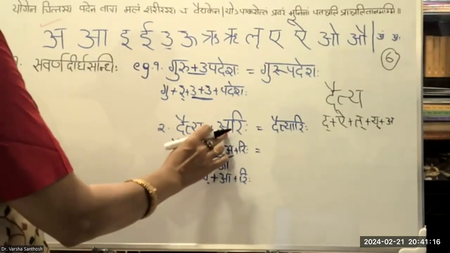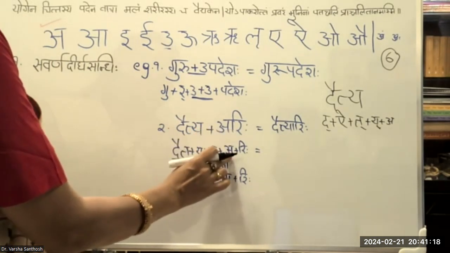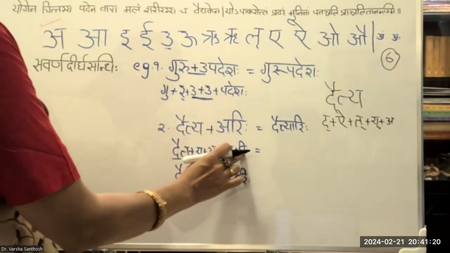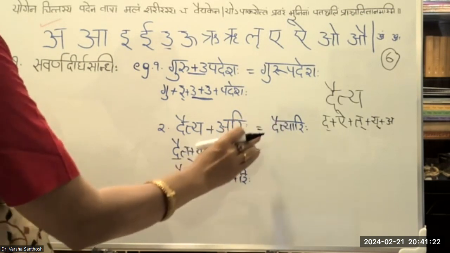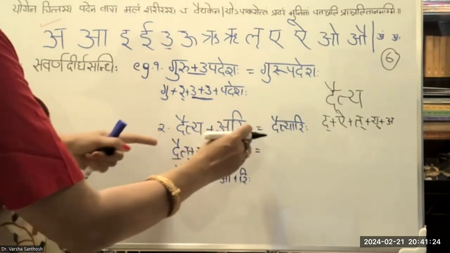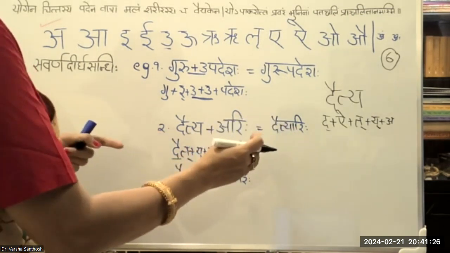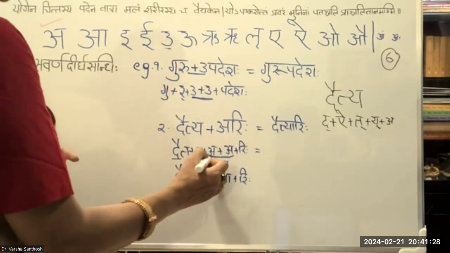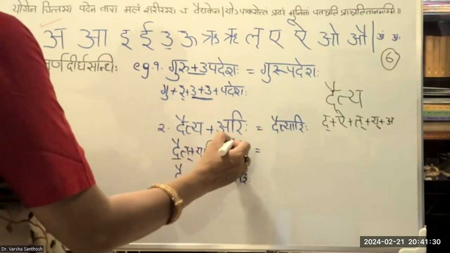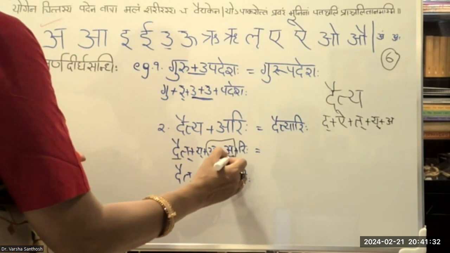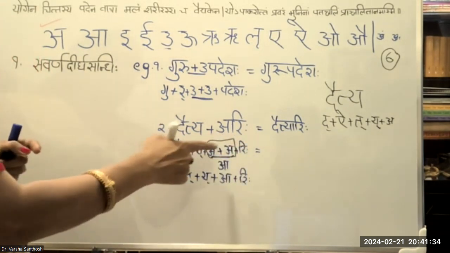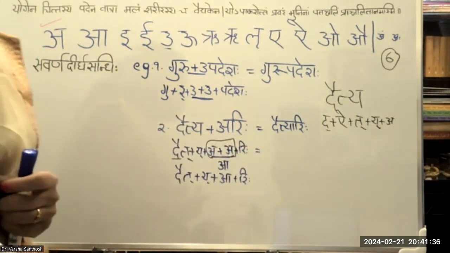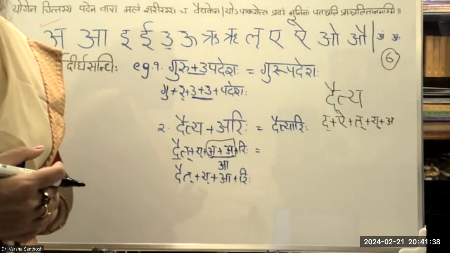And now the next word is Ari. Ari's first alphabet is A and Ri I've kept like that only. I'm not separating it, because over there Dai and Ri are not involved in forming Sandhi. In Sandhi formation, only the last alphabet of Daitya and the first alphabet of Ari, A and A, are going to join. Is this clear? Yes.